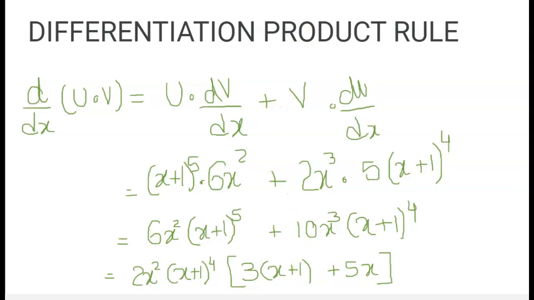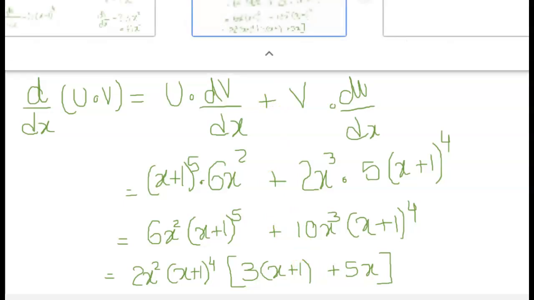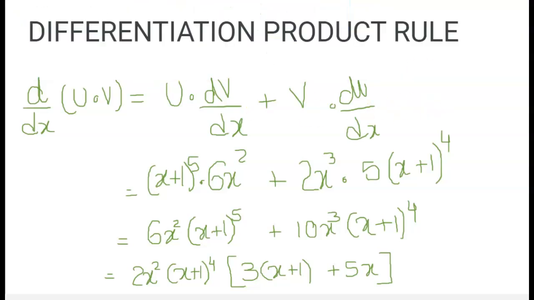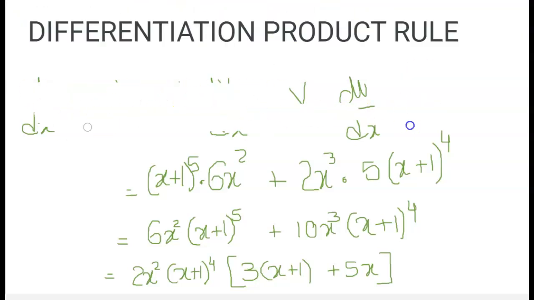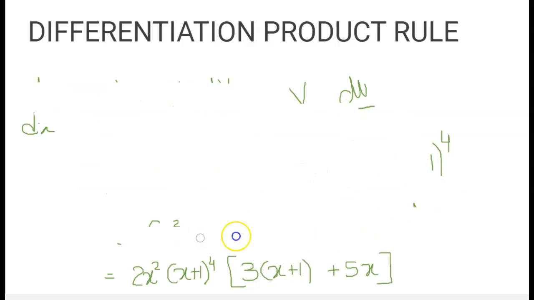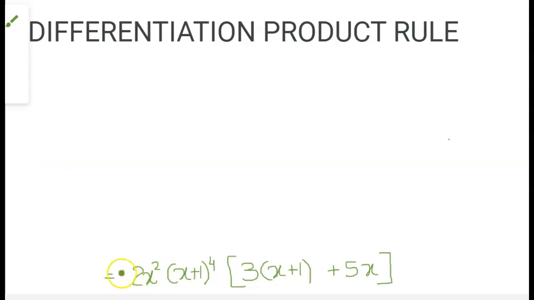So let's have a look at the simplifications of that one. If I want to further simplify it, the one that's at the bottom, I can get 2x squared as it is, (x plus 1) to the power 4 as it is.